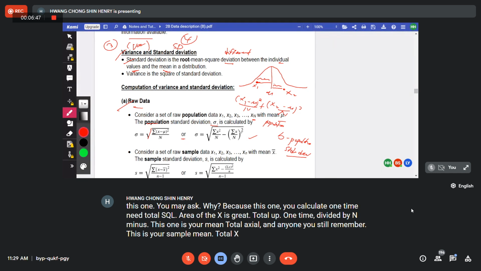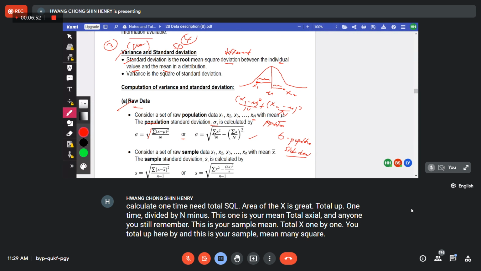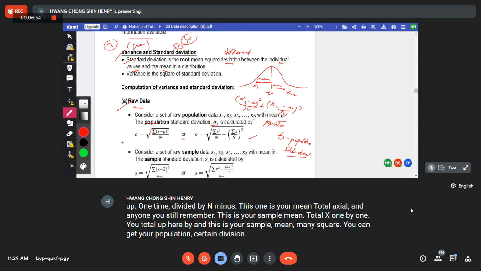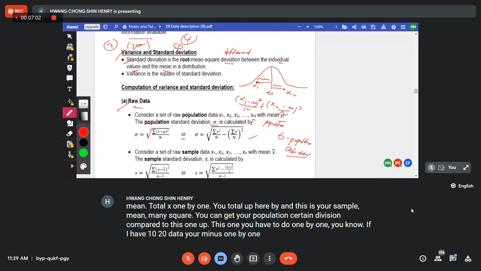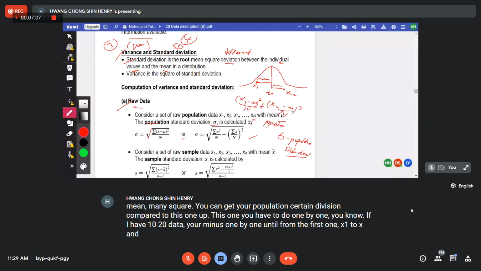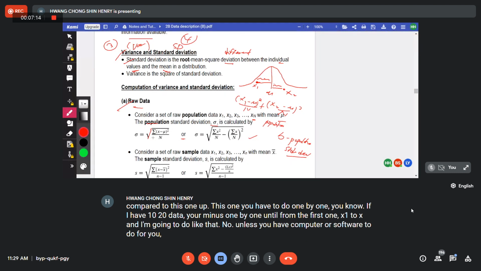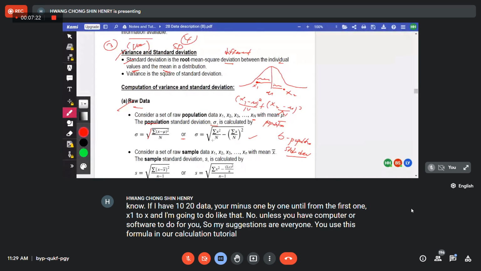Total x divided by n, squared, and then you get your population standard deviation. Compared to the other one, where you have to do it one by one. If I have 10 or 20 data, you minus one by one from x1 to xn. Are you going to do it like that? No, unless you have a computer or software to do it for you. So my suggestion is that you use this formula in our calculations, tutorials or tests. It's much easier.